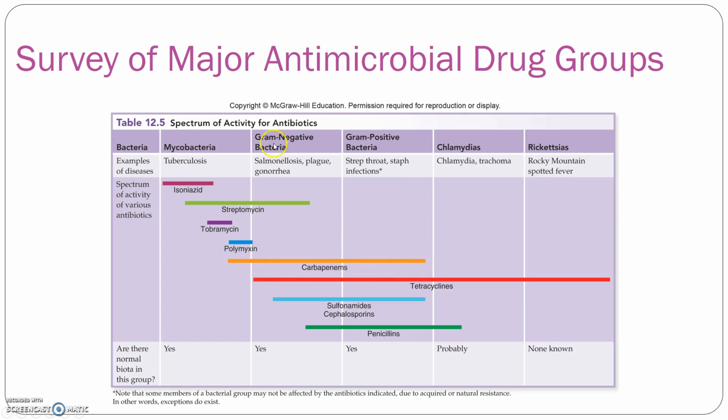Those are really good against both gram-negatives and gram-positives, and it can even be used a little bit for mycobacterium. And actually tetracycline, as you can see, is the drug choice if you do have Rocky Mountain spotted fever. Polymyxin is one of those that's very narrow in scope and really is only good against some mycobacteria and a few gram-negatives.